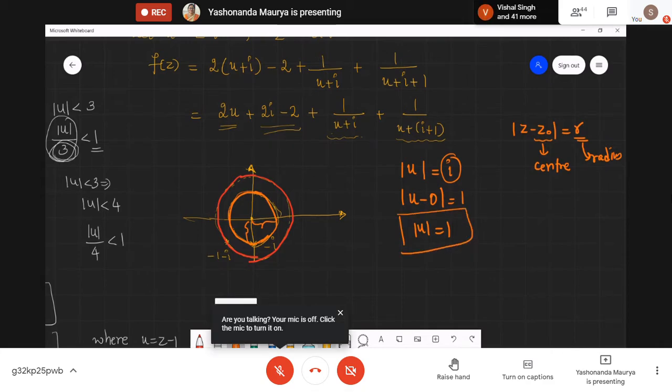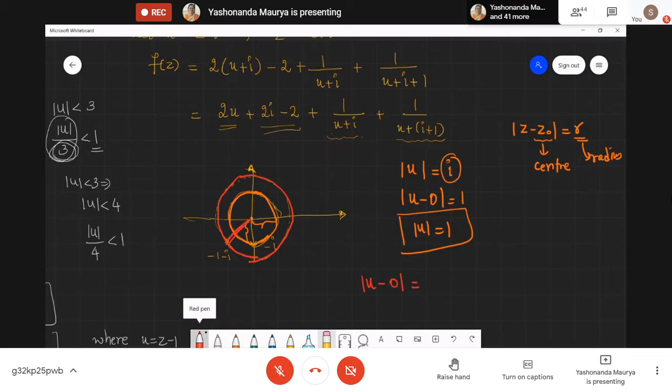Okay. Now similarly, what about this red circle? What is the equation of the red circle now? Again, it is u minus origin, so the origin is the center. And what is the radius? This distance will be my radius now. And how do I calculate this distance? This is the distance from origin to this particular number. Can anybody tell me?